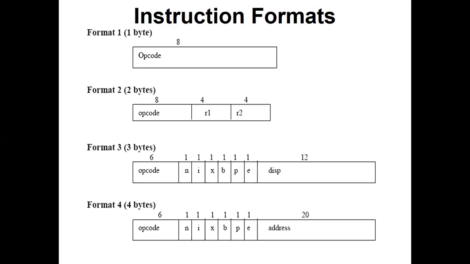Then we saw 2 other formats, format 3, which is 3 bytes, and format 4, which is 4 bytes. These 2 formats are the ones used when the operand is in memory. So it means that we have to calculate the particular memory location where we are going to get data from so that it can be processed.